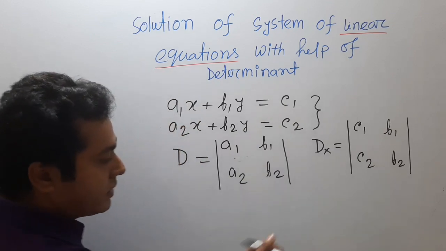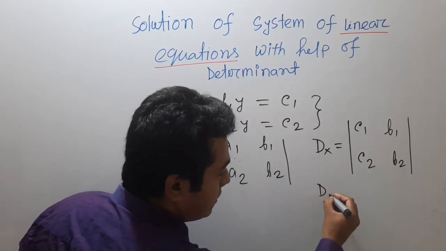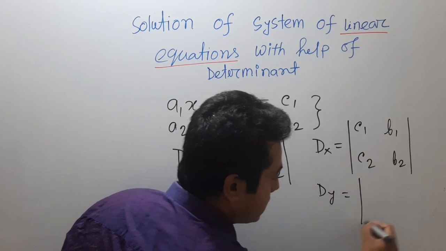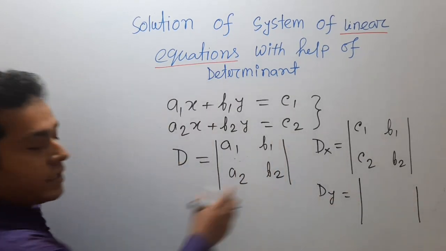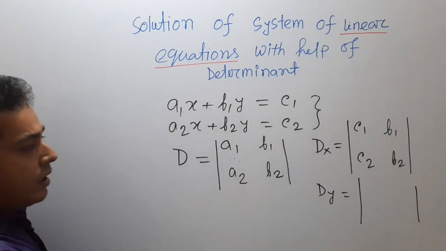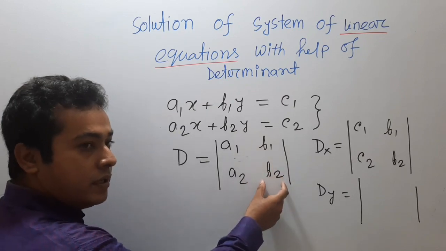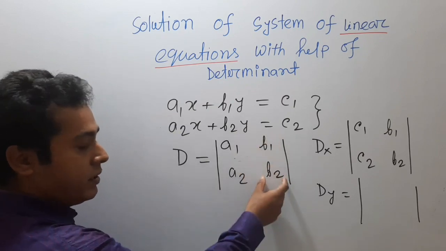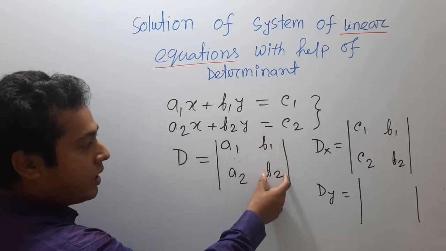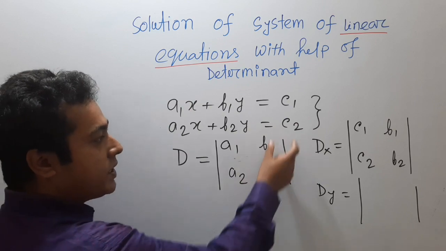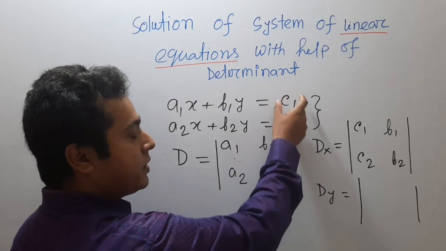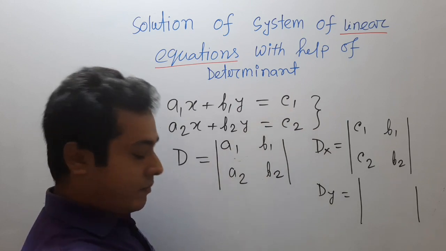Another determinant is denoted by Dy, which is created from this determinant. The coefficient of y is replaced by the constant terms.